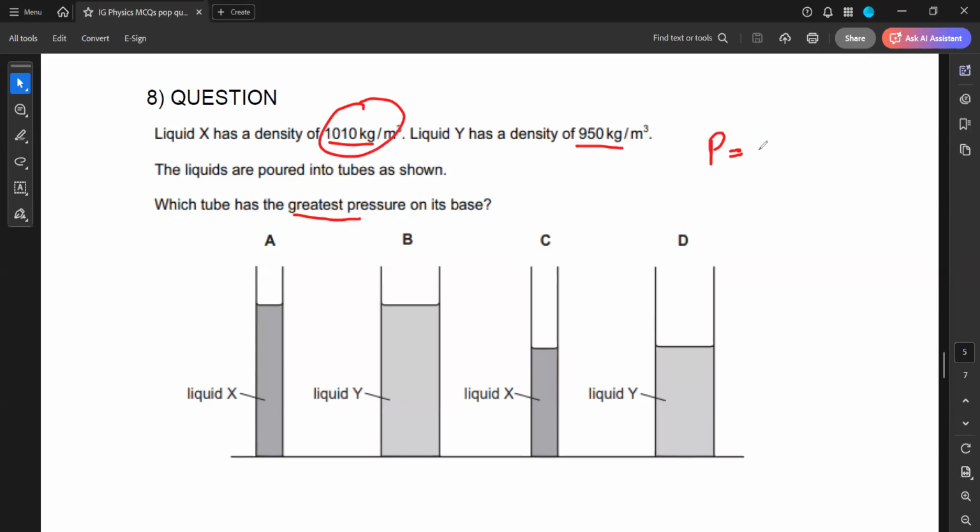Pressure exerted by a liquid depends on density, gravity and depth. Higher the density, more pressure. Greater the depth, more pressure. First we check density. Liquid X is more dense, so either A or C can be the answer. Then the second factor is depth. The deeper we go inside the fluid, the higher the pressure. So A is the right answer because it's denser and it is much deeper.